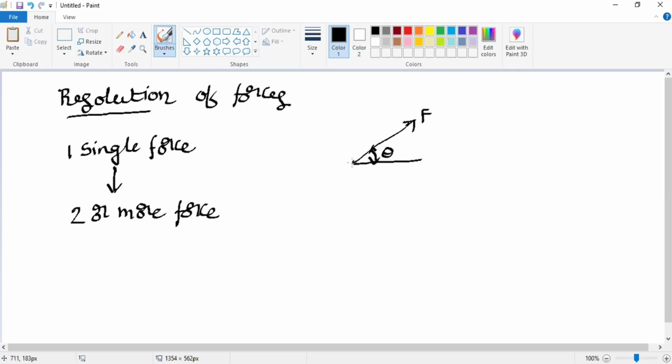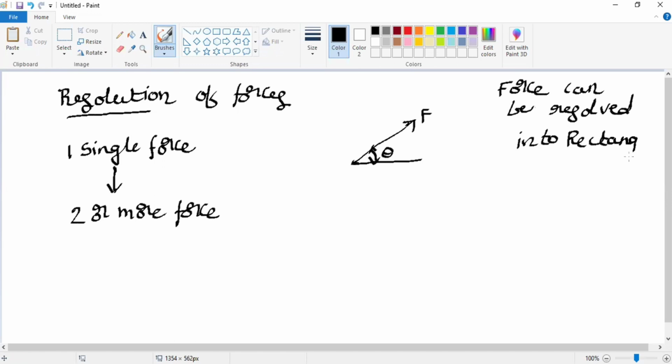For example, here the concept is that a force can be resolved into rectangular components. Rectangular components means the force can be resolved into two components.